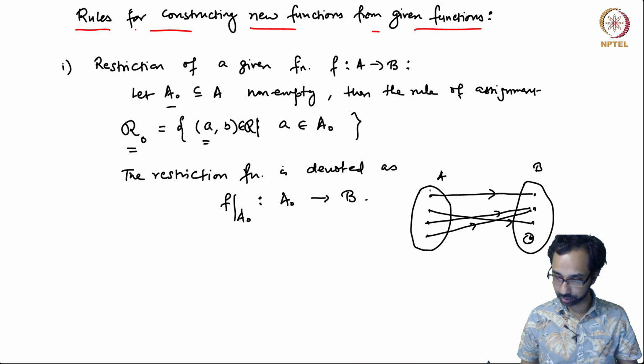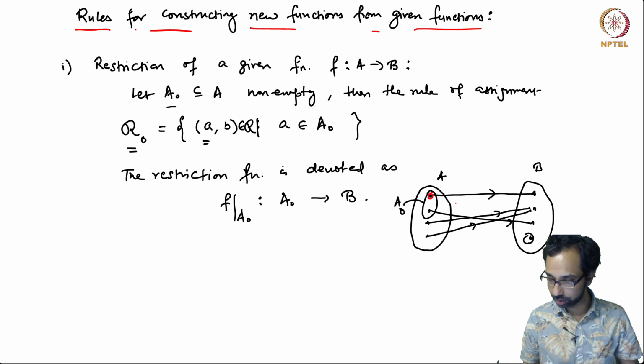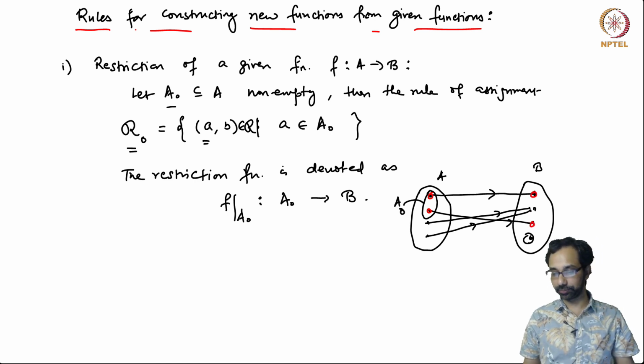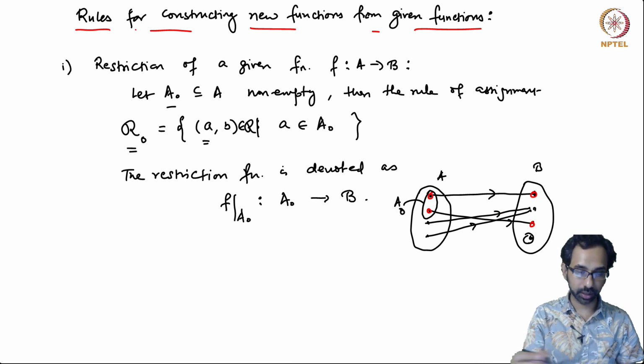So suppose that I take A naught to be this subset of A, and then the rule of assignment just takes a point here and associates the points in B. So let me write this in red. Takes this point in A naught these points and associates the corresponding points in B. And this is now yet another rule of assignment and gives you a new function which is called the restriction.